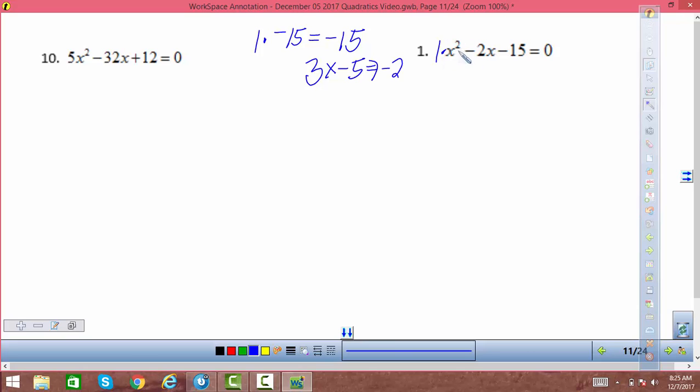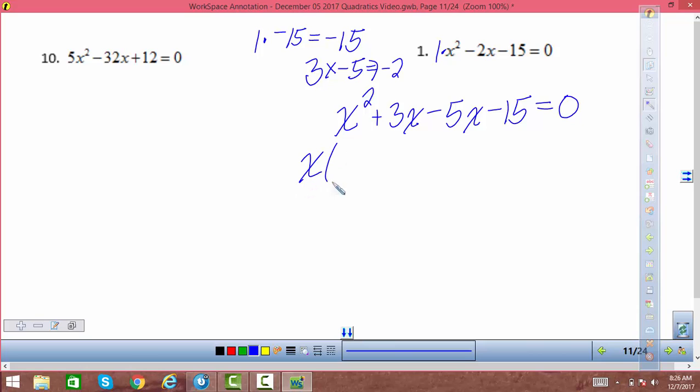So using the process we did before, I'm going to say x squared plus 3x minus 5x minus 15, still an equation, so it all equals 0. Here I'm going to factor out an x. So x times x plus 3.